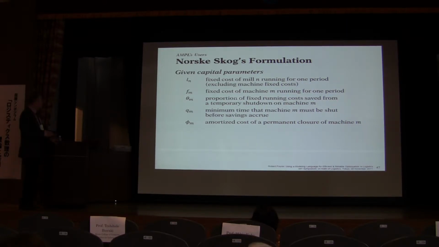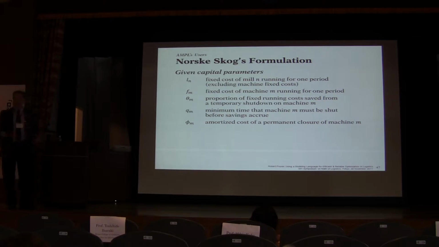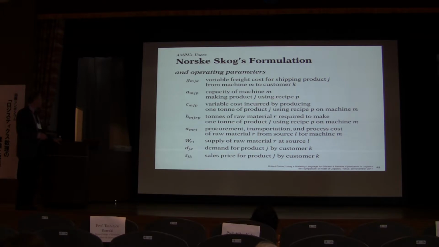Things like the fixed costs of running different things, fixed costs to be saved, time that you have to shut down a machine before you save any fixed costs, and the amount you might save from a permanent closure. Then on top of that, there's all the operational data, the operating parameters, which have to do with freight costs for shipping the product.